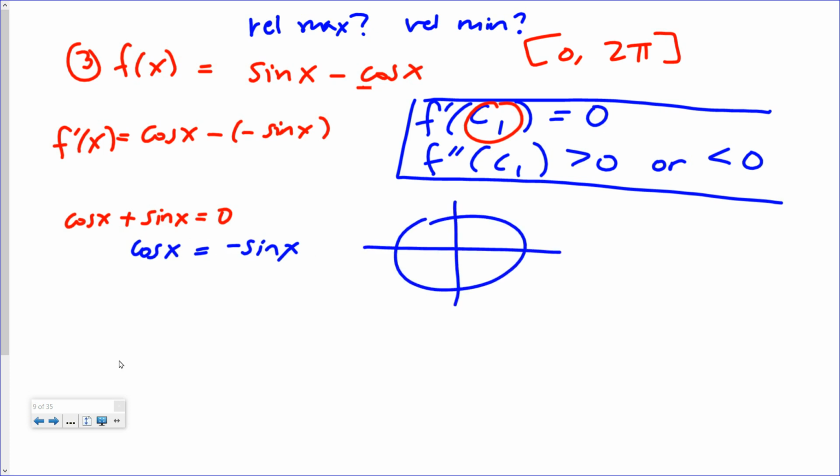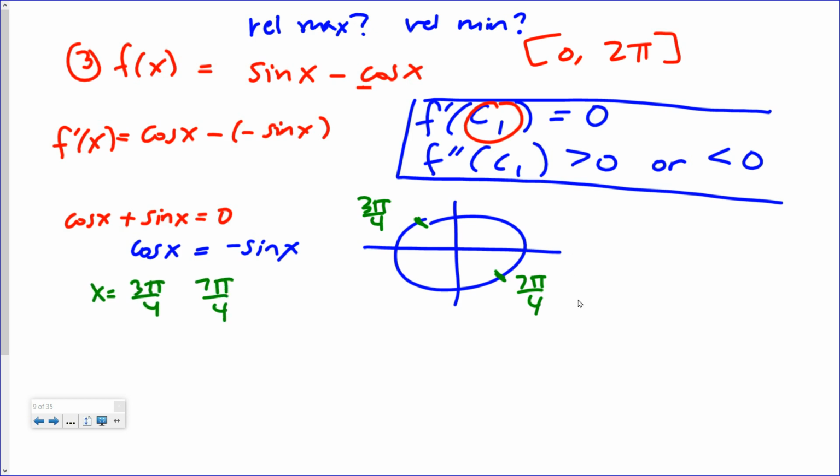Where in your unit circle is there such an angle? 3 pi over 4. Where else? Right here, 7 pi over 4, right? And we just need to go between 0 and 2 pi. So my answers are x equals 3 pi over 4 or 7 pi over 4.